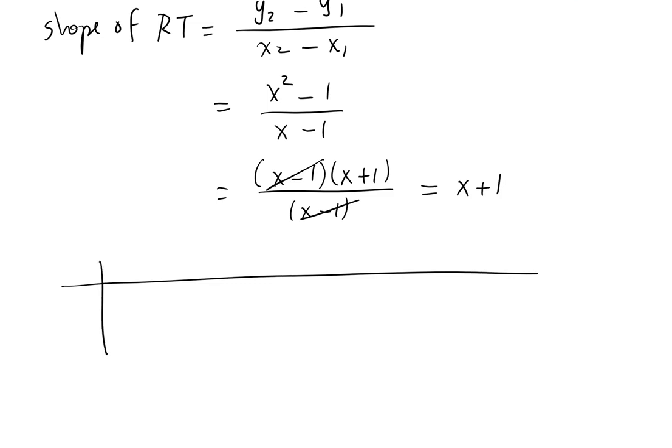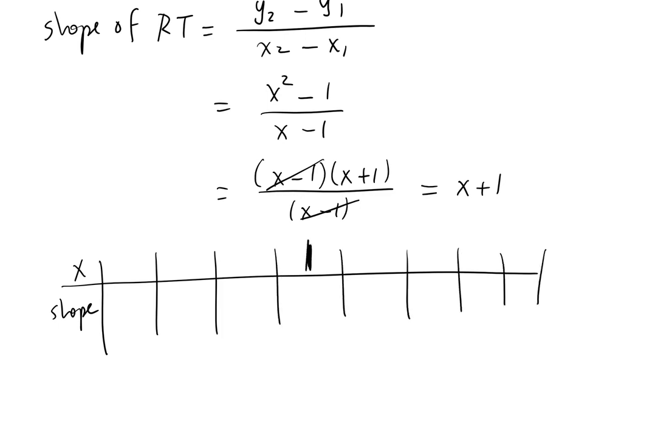We can create a table of values for x and get the value of the slope that corresponds to each x value. Let me put 1 in the middle, since I'm interested in the slope at x equals 1. I'm going to pick 1.00001, 1.001, 1.1, 1.5, and 0.999, 0.9, and 0.6.